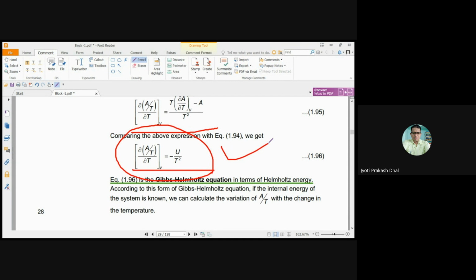So there are two different types of Gibbs-Helmholtz equation. One is in terms of Gibbs energy, and the other one is in terms of Helmholtz energy.